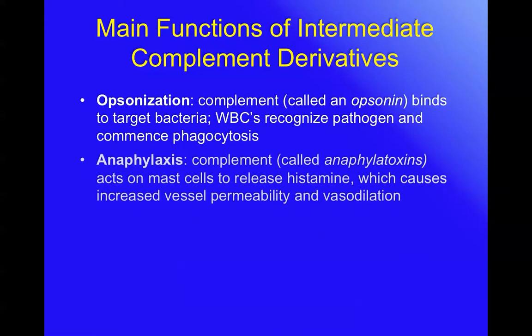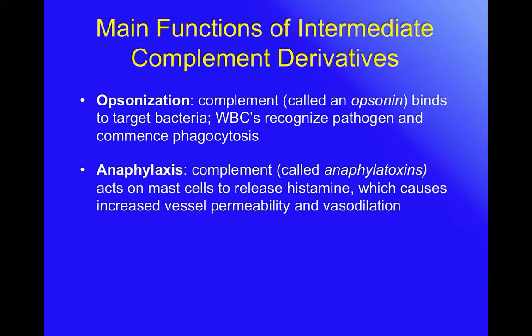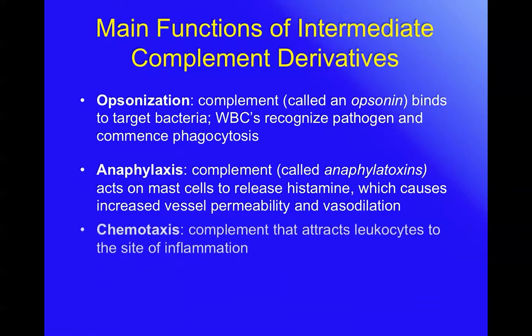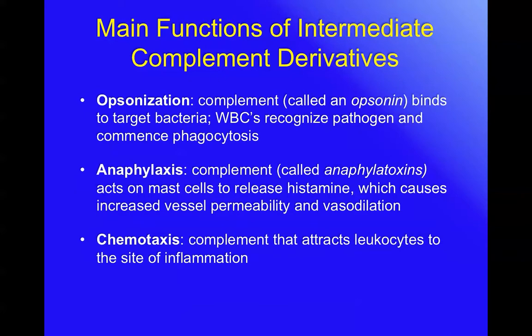The second is anaphylaxis. Complement called anaphylatoxins stimulate the release of histamine, which increases vessel permeability and promotes vasodilation. The third is chemotaxis, where complement serves to attract white blood cells to the site of inflammation.